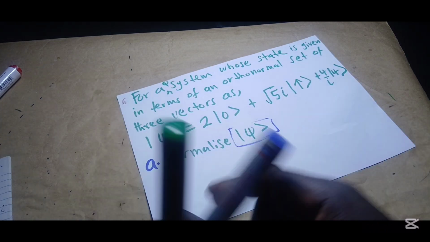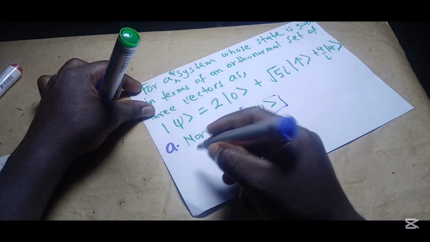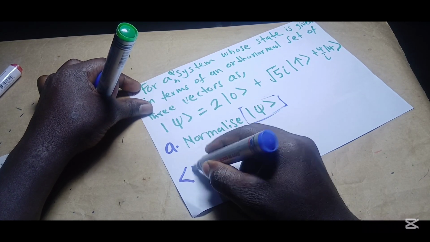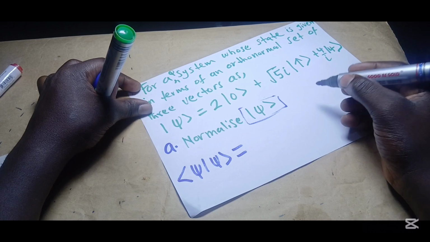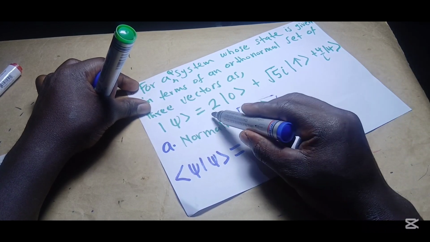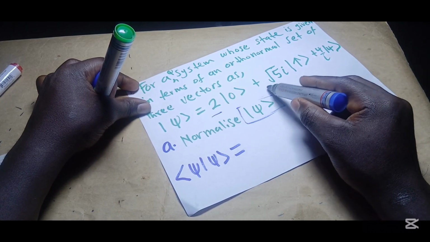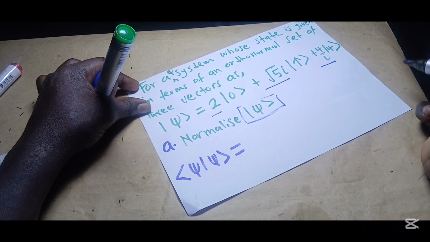The first thing we want to do is to calculate the norm, which is equal to the sum of the absolute square of each coefficient.